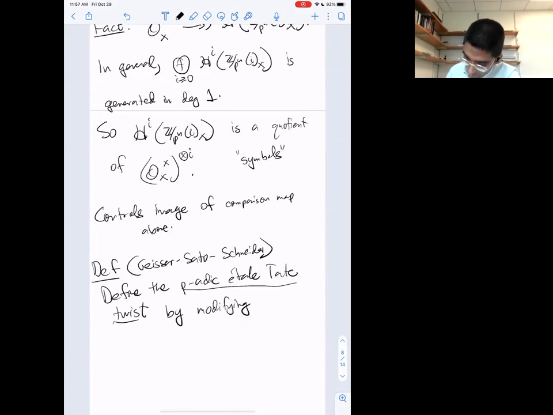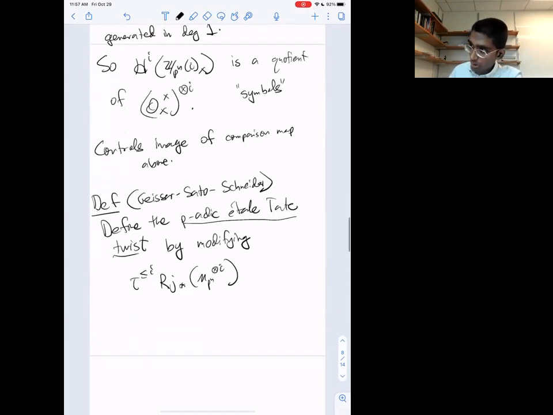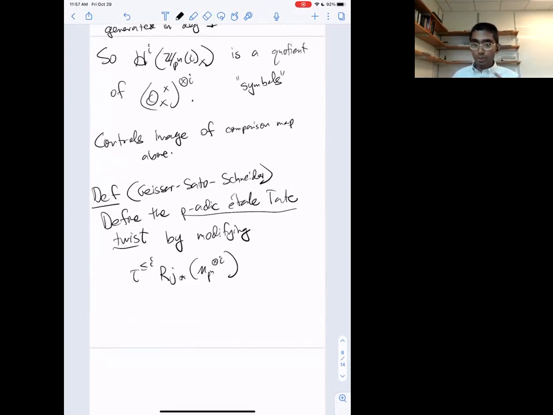So we're going to start with this truncated pushforward of the usual Tate twist, which lives in degree 0 through i.